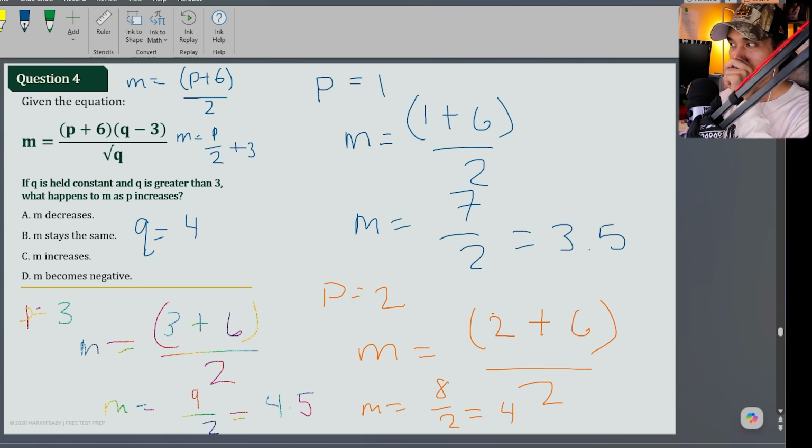It increases by 0.5 as we increase P. M increases, so that gives us answer choice C. As P increases from 1, 2, and 3, M increases as well, from 3.5, 4, and 4.5.